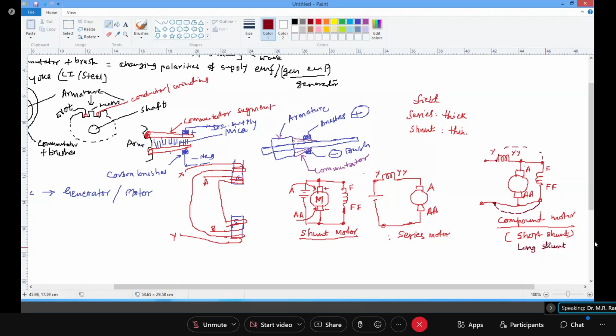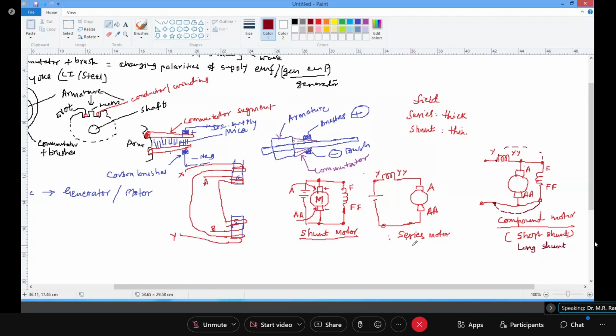Sir, why are we shunting? We want different types of motors. You can put it in series, and you get another type. It is not necessary. You want different types of motors. There is a special purpose for the motors for specific applications that you will learn later.